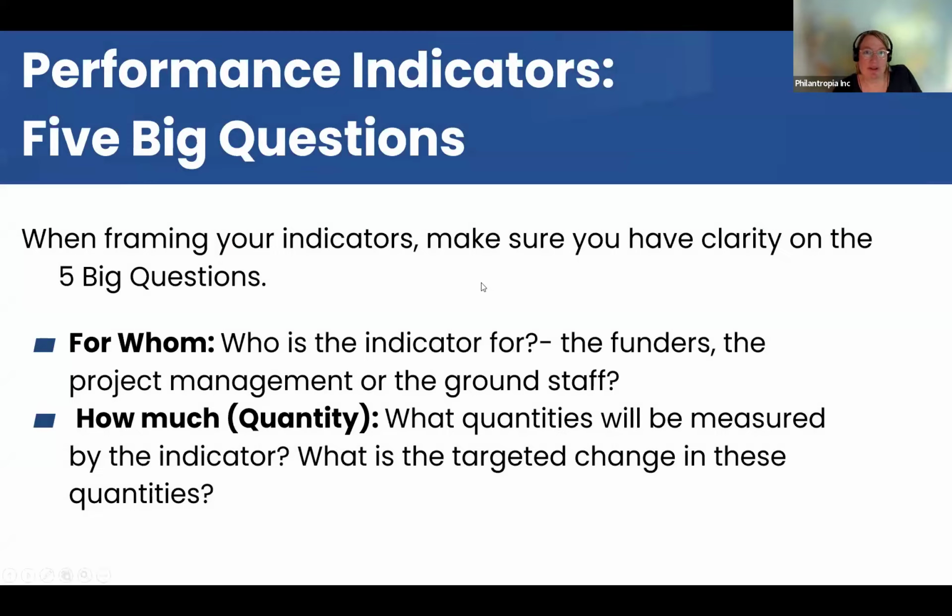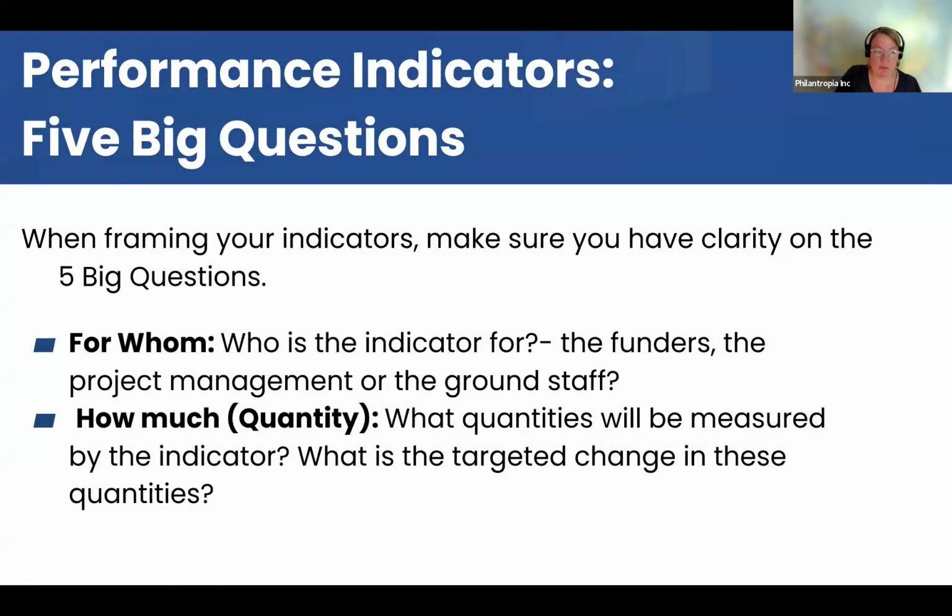When you think about or you develop your indicators, there's kind of 5 questions that can guide you to choose indicators that are actually helpful and that you can also report on. First question is for whom? Who's the indicator for? So is it for the funders, the project management, the ground staff? Who is it for? How much?